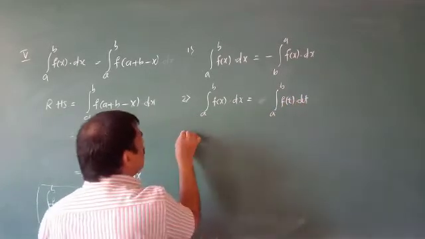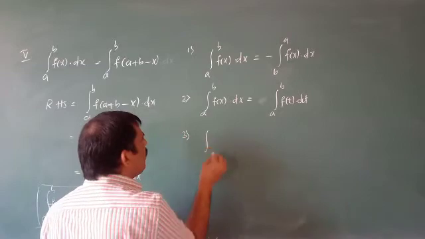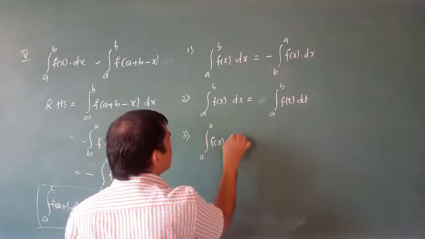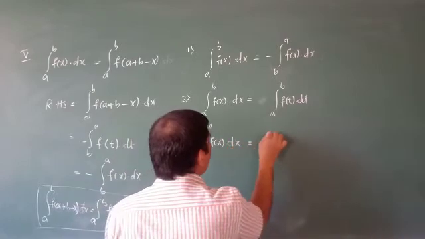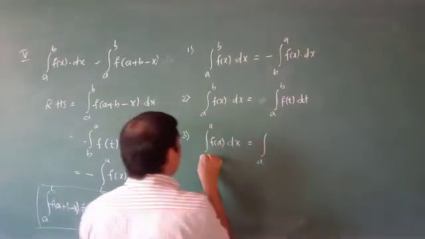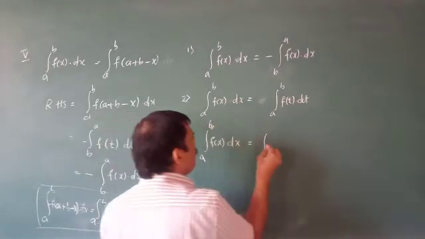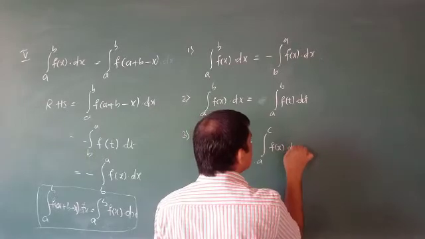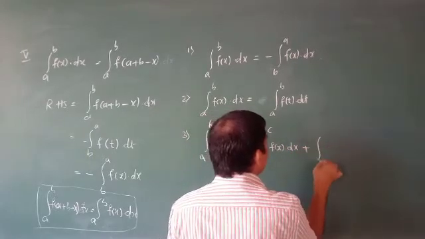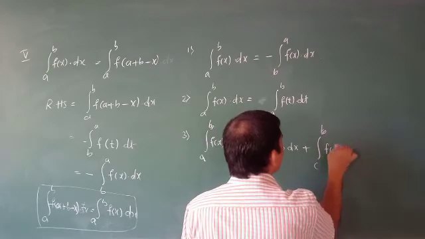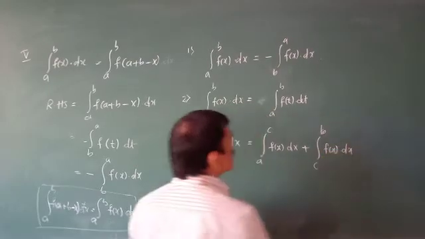The third one is the integral of a to b of f of x with respect to x, which is equal to the integral of a to c of f of x with respect to x plus the integral of c to b of f of x with respect to x.